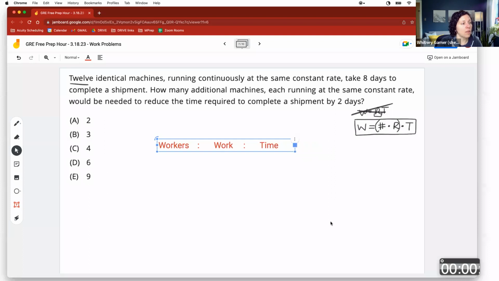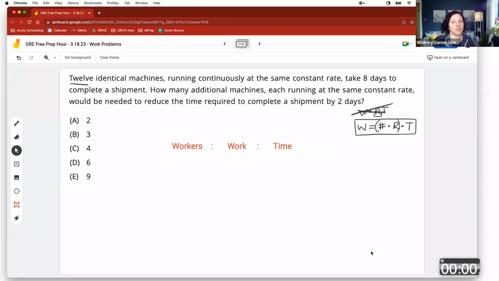Okay. And one thing we want to know about these workers to work to time is that this is not a normal ratio. All 3 things do not move together. For this, they only move in pairs. So I can only move 2 elements of my ratio at a time.